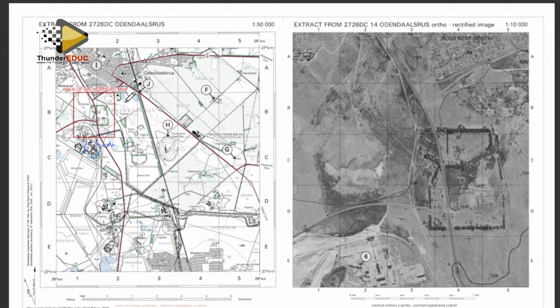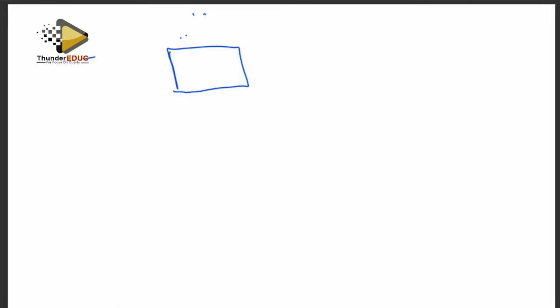The longest part is given, 3.7. So this part here is 3.7 centimeters. We need to measure this from here to here. Let's say this one is 3.5 after measuring. Please, learners, don't forget that we have to measure that distance.